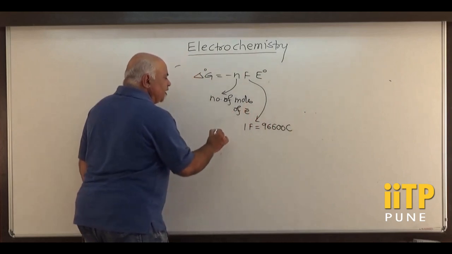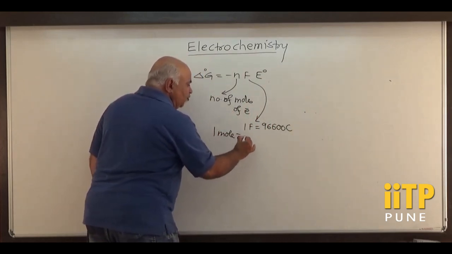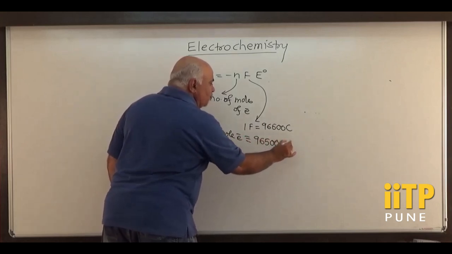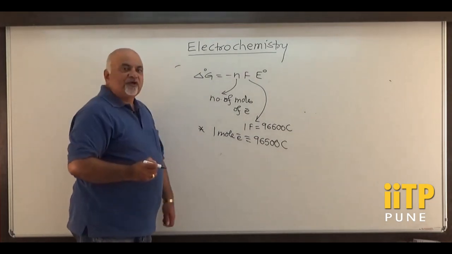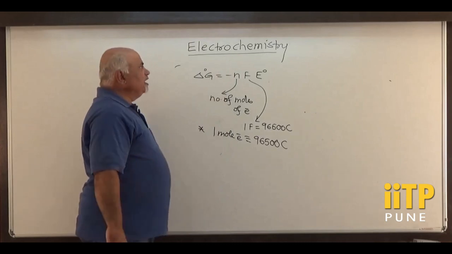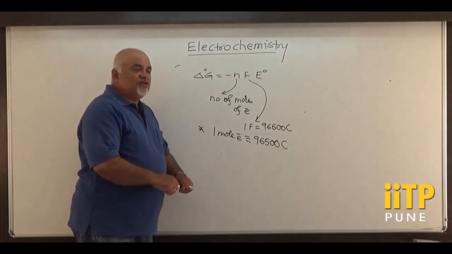And here is one important part you have to understand: 1 mole of electrons, not 1 electron. 1 mole of electrons is nothing but 96500 coulombic charge. E naught is the EMF concept, electrode potential, and that is related with the thermodynamic term delta G.